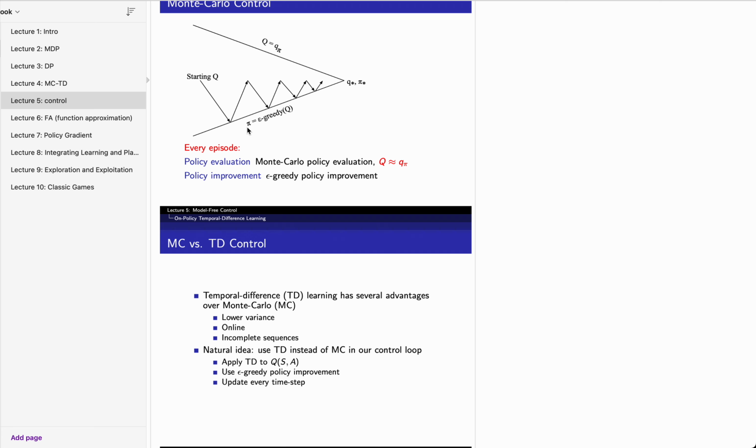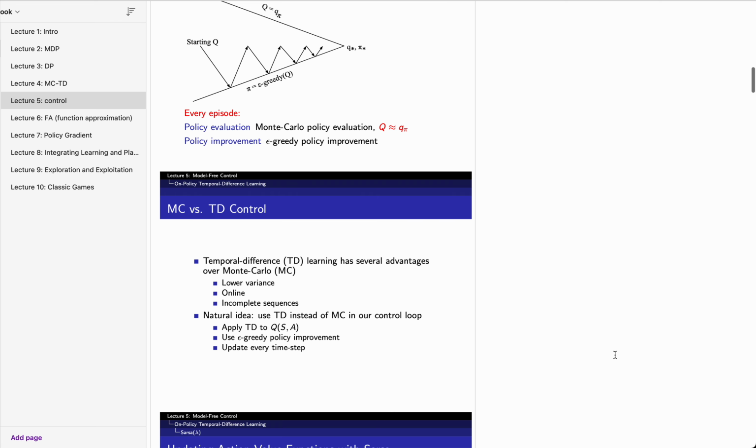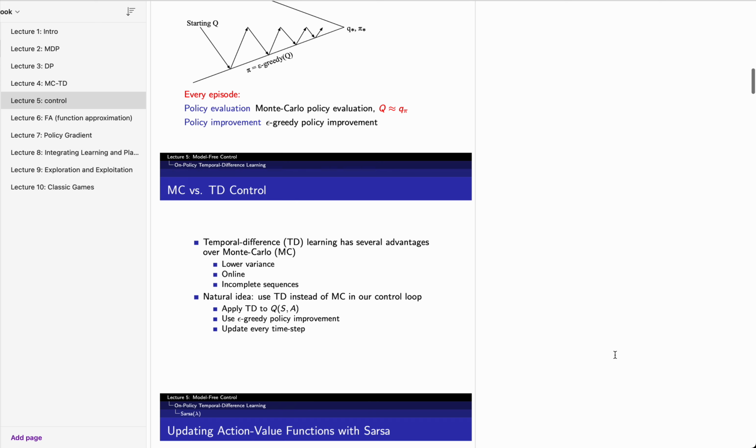Every step has a variance, and you multiply all these variances together, which creates more variance. That's why Monte Carlo has higher variance. TD only takes one step or fewer steps, so it has lower variance, but it has more bias. So there's a trade-off in using MC or TD.